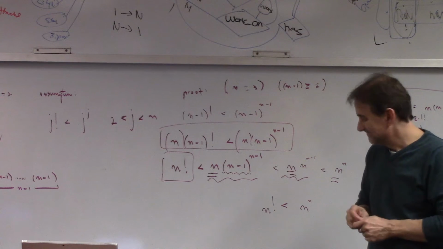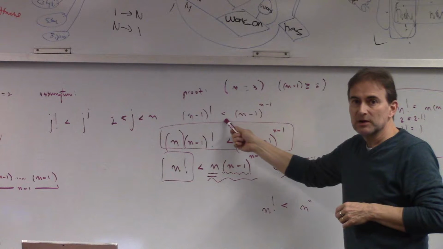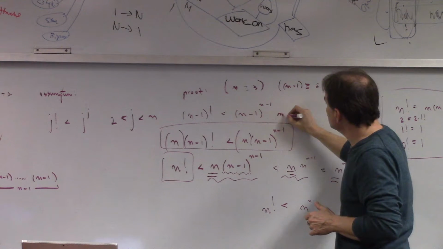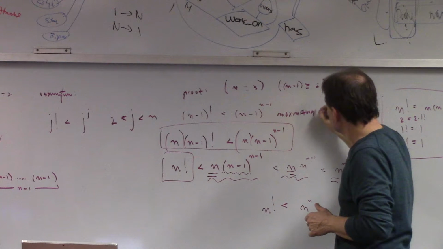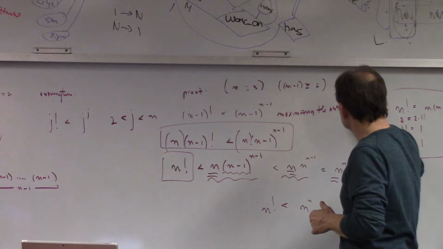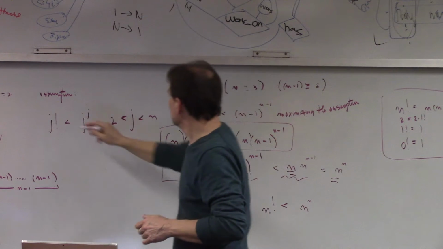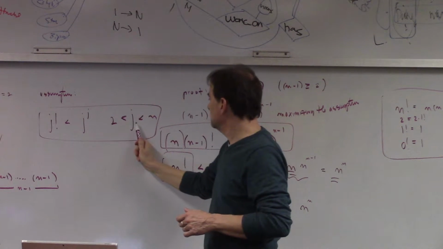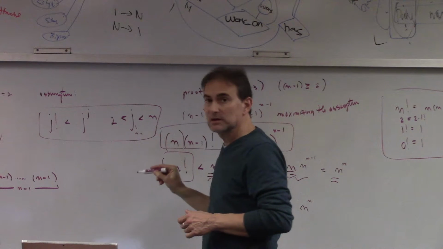That statement, n minus 1 factorial is less than n minus 1 to the n minus 1, we just assume it. We did not prove it. So this is maximizing the assumption, because the assumption says j could be up to, but not including n, so the biggest value of j is n minus 1.